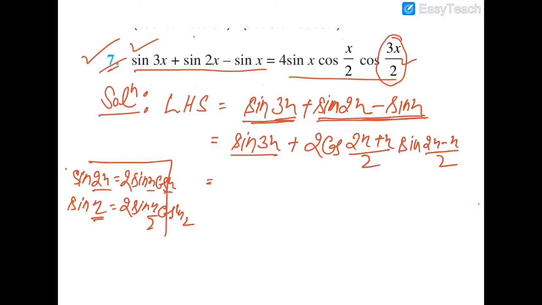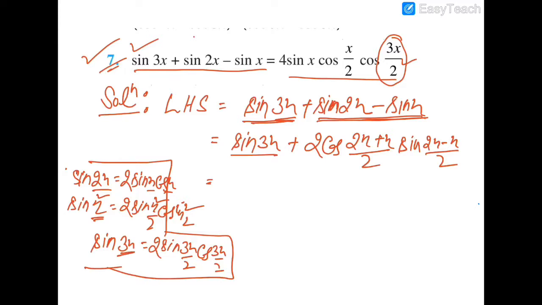Whatever is written here, half of that will be written here, fine. Similarly, if sine 3x is written, then you can write 2 sine 3x by 2 cos 3x by 2. Whatever is written here, the same half of that will be written here.